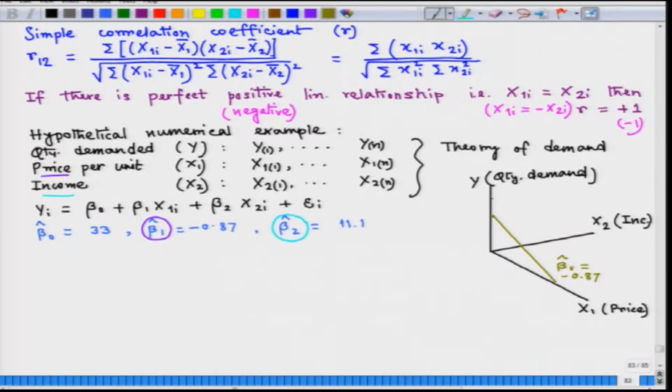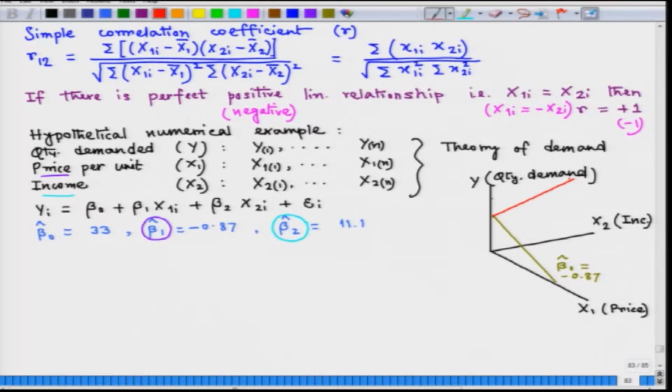Okay. And we expect a positively sloped straight line for the x2 y plane, because as the income increases, keeping the price fixed or constant, then quantity demanded shall rise.